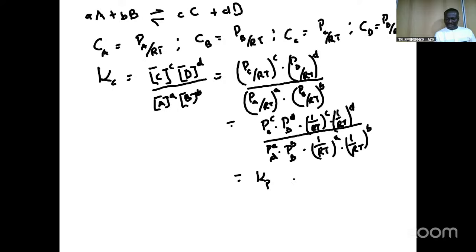That should give us (1 over RT) raised to the power of C plus D over (1 over RT) raised to the power of A plus B.